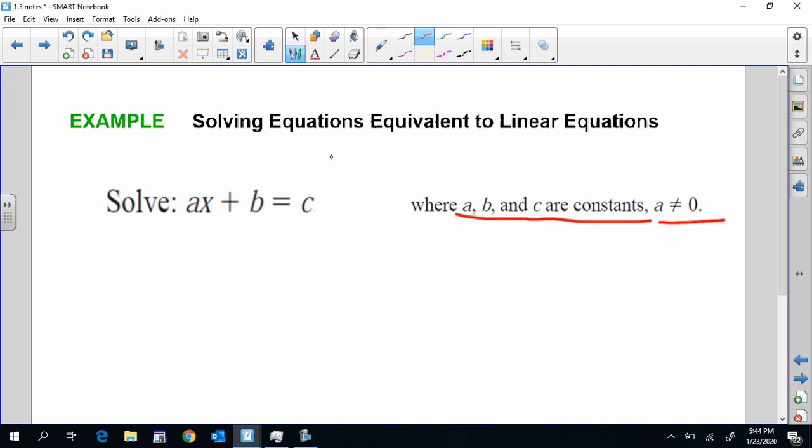These are called literal equations. Literal equations frequently have very few actual constants in them, and they have to define what variable you're solving for, because you could treat any of them as variables. So this one would have to say solve for x.